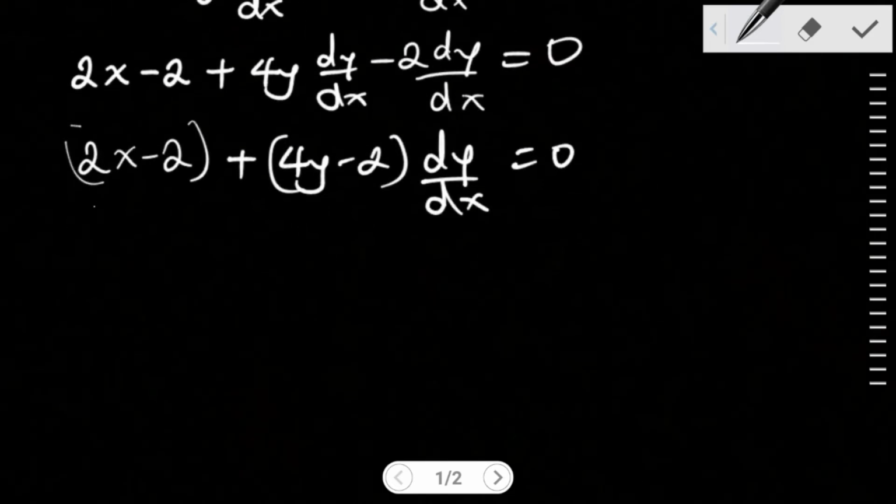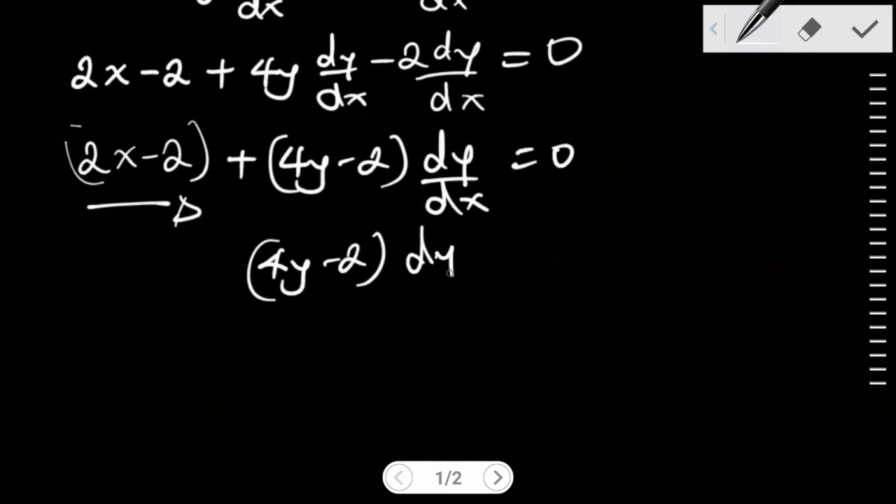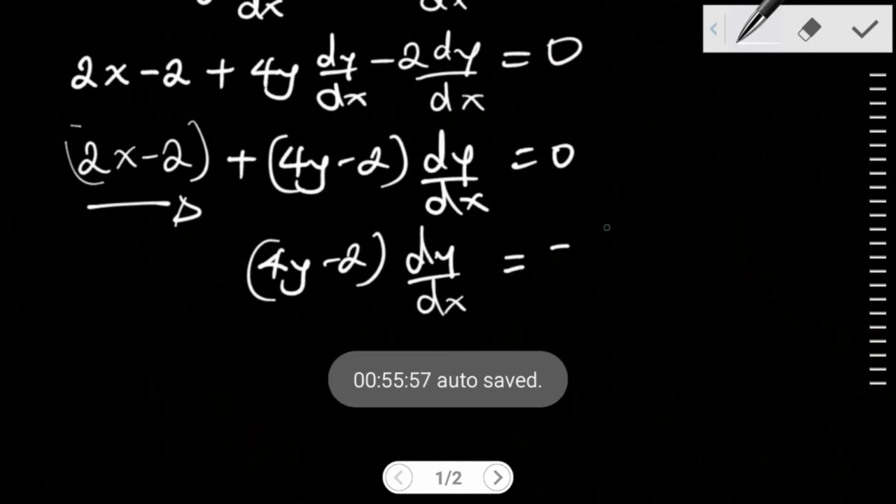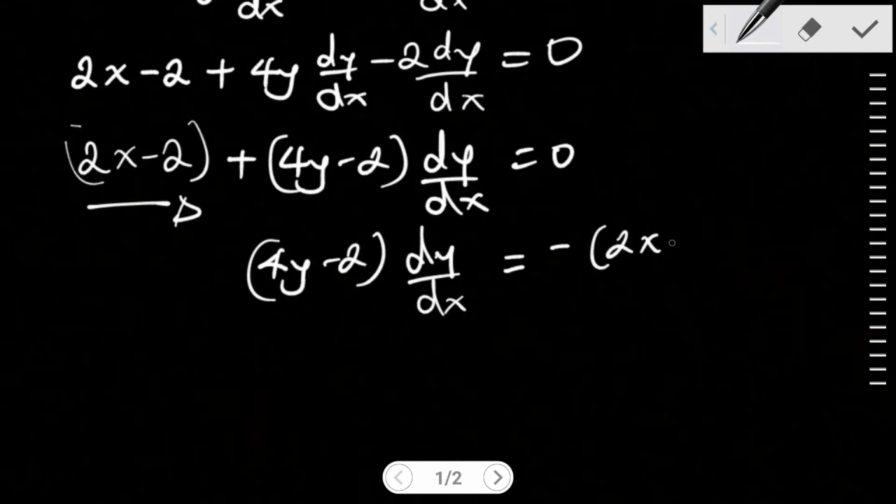Out of that, let me take this beyond the equal sign. So I'm going to have 4y minus 2, close this, dy/dx would be equals to negative 2x minus 2, close this.